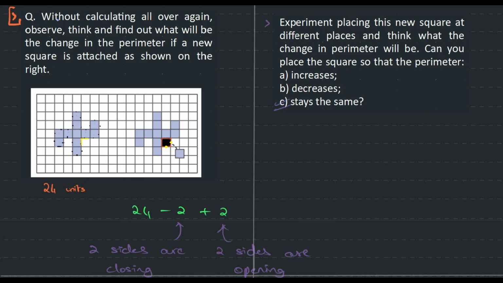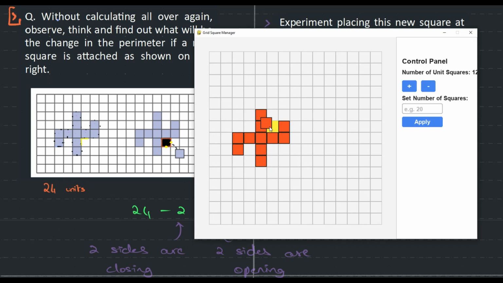So it was 24 if I'm right. Yeah, it was 24. Now it became 22. It reduced. How did I do that? I shifted to a position wherein this square closed more area. And even this is a possibility.